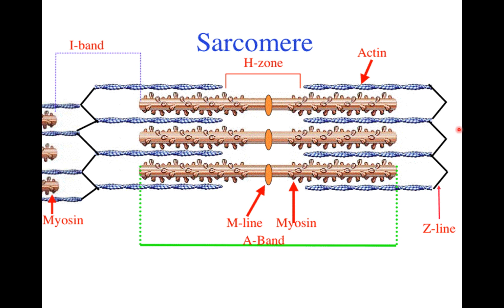So this muscle that you see here, this sarcomere, is a muscle at rest. How do I know that? Because when the muscle contracts and this Z-line slides in towards the middle and this Z-line slides in towards the middle, it causes this H-zone to get substantially smaller, and it squishes the I-bands of neighboring sarcomeres together.